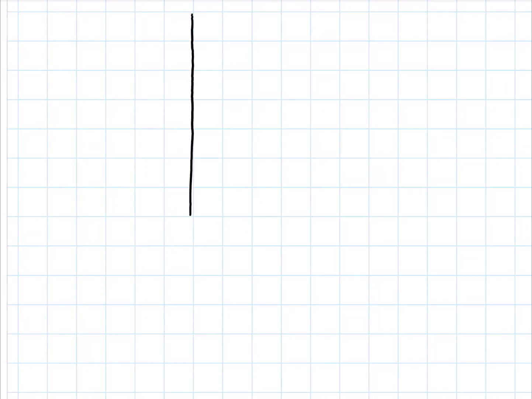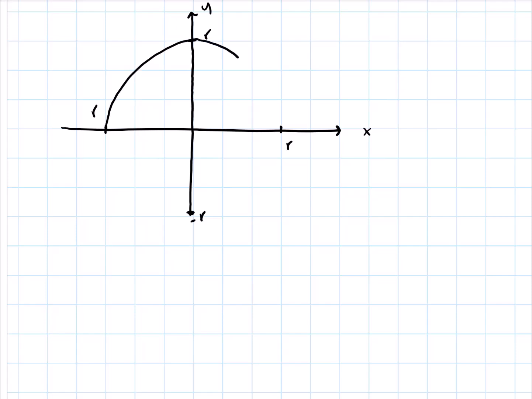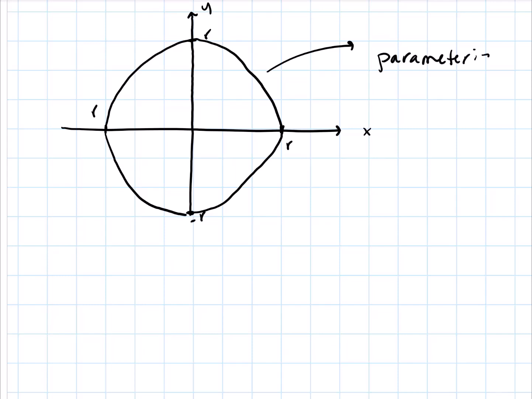So if we have a circle of radius r in the xy plane, the parameterization can be written as x equals r cosine.